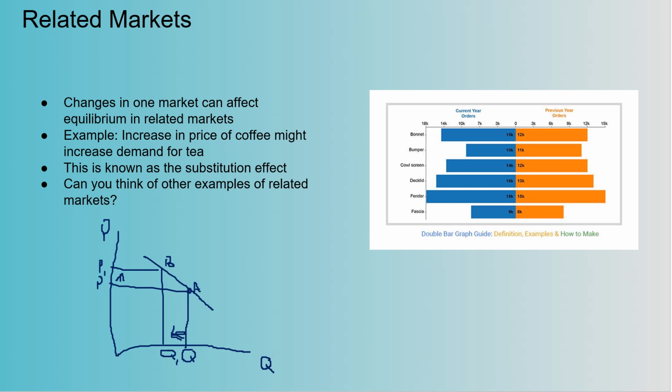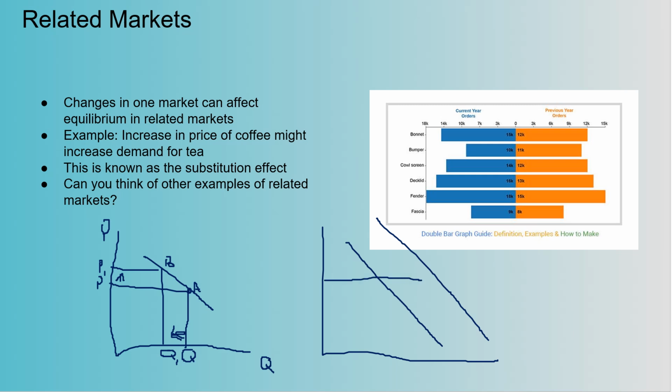Okay. However, at the same time, this change in the price of coffee has caused a shift in the demand for tea. How do we know that? Well, simply because the price has not changed, yet the quantity demanded has increased at every level, shown here by a shift to D1 in the demand curve.